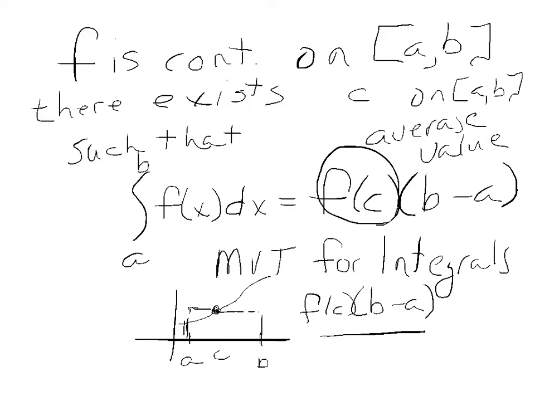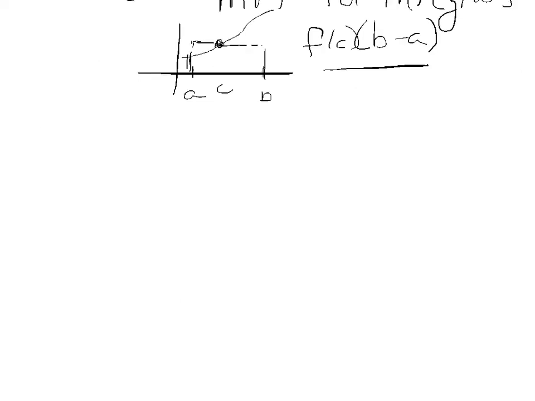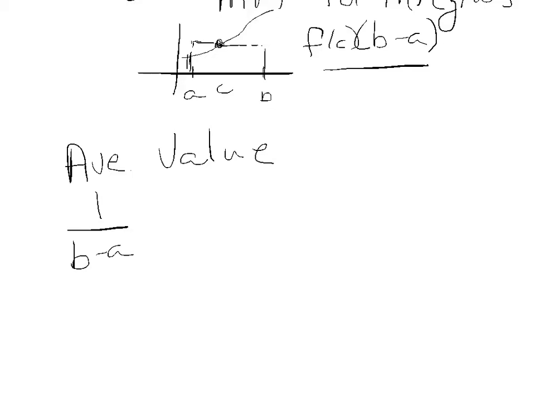And so we said that f of c is the average value. There is an average value theorem. The average value for a function we get by taking 1 over b minus a times the integral from a to b of f of x dx.